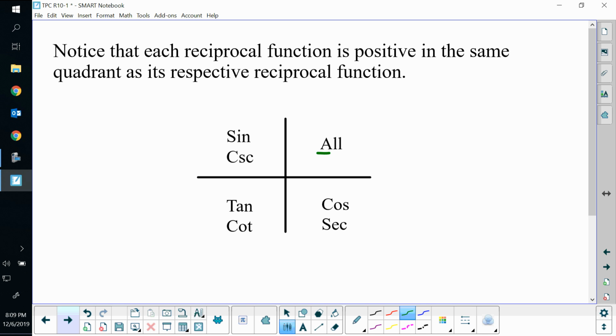The S stands for sine, meaning that sine is positive in the second quadrant, meaning the other two, tan and cos, are negative. Now, wherever sine is positive, cosecant would be the same, and likewise for the other reciprocal properties. In the third quadrant, the T stands for that tan is positive, and the other two, sine and cos, are negative. And in the fourth quadrant, the C stands for cosine is positive in that quadrant, while the other two, sine and tan, would be negative.